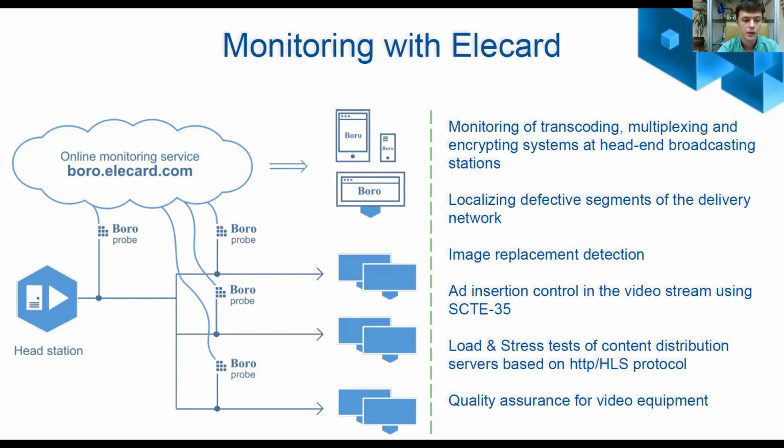For example, if you are sending your data from one city to dozens of others, you can install Boro Probe at your uplink point and at your receiving points, and Boro will allow you to check the quality of your streams at all of these points.